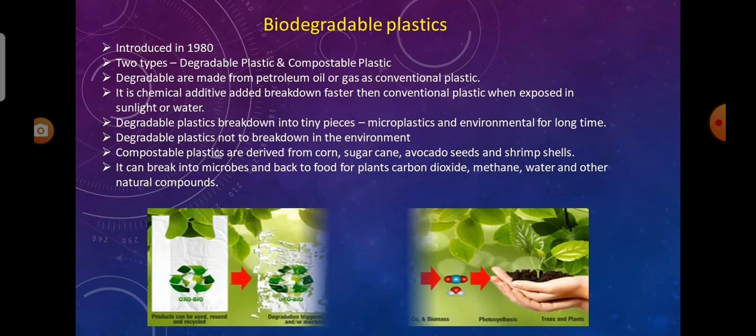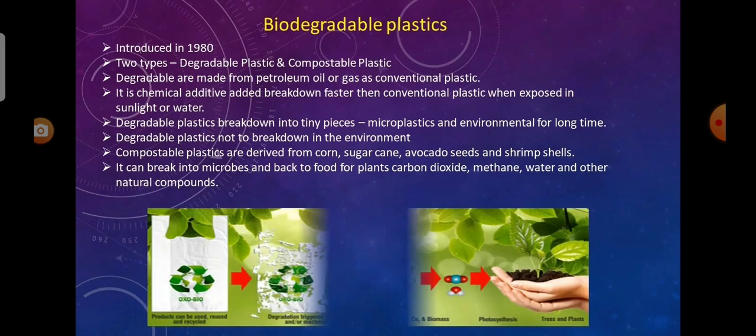A chemical additive is added so it breaks down faster than conventional plastic when exposed to sunlight or water. It breaks down into tiny pieces, microplastics, and stays in the environment for a long time. Degradable plastics do not break down fully in the environment.